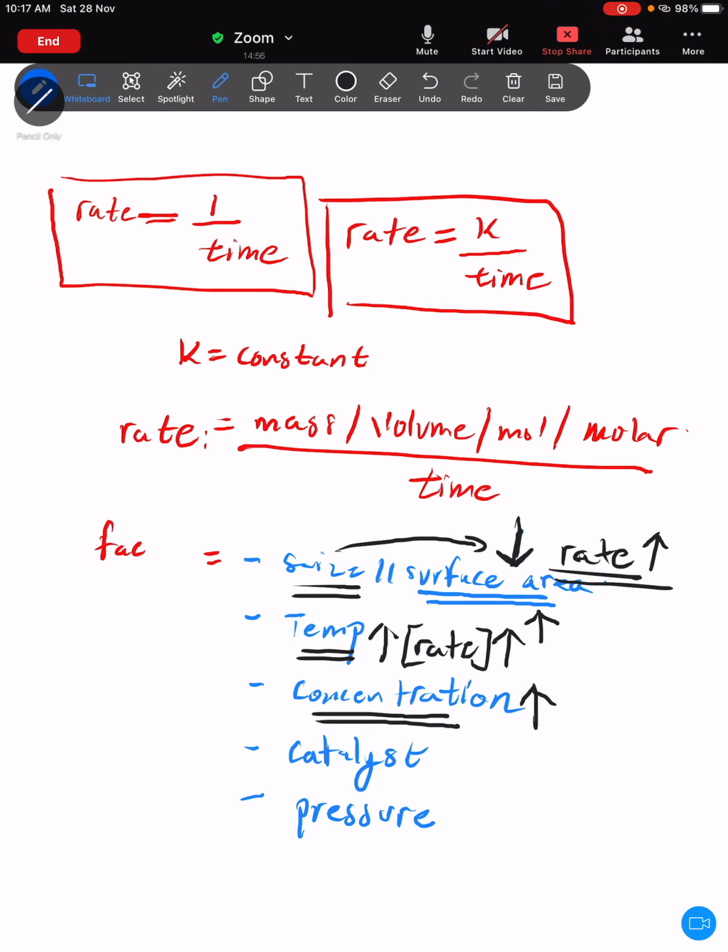Because higher concentration stands for the amount of particles increasing. When you have a higher amount of particles, that means more effective collisions. When you have more effective collisions, eventually this causes a higher rate of reaction. The frequency of effective collisions increases. Okay, so far so good, guys?